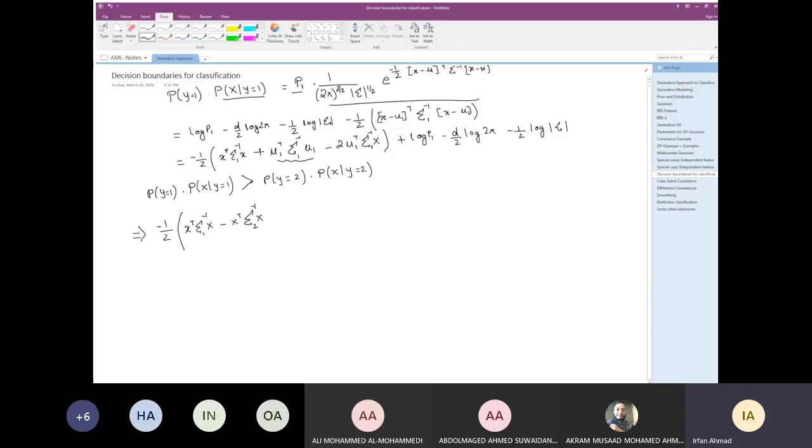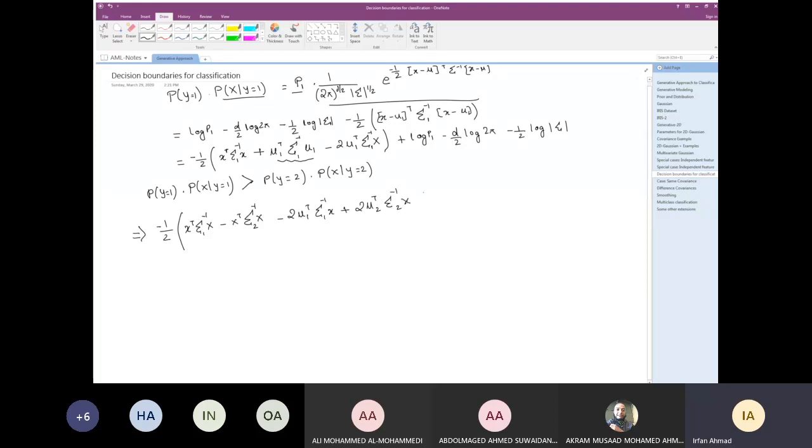So we'll focus on this one. You have minus 2 mu1 transpose sigma 1 inverse X, right? This is minus, so the other one, if you're subtracting, will become 2 mu2 transpose sigma 2 inverse X. So these are the four terms.